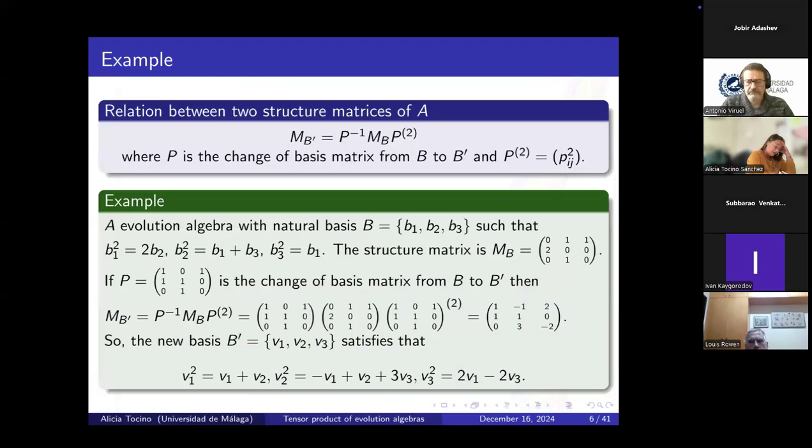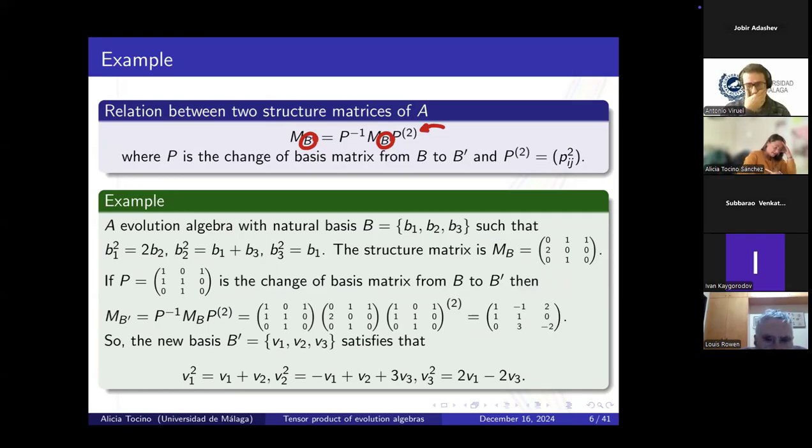And there is a relation between the matrix associated to an evolution algebra with respect to the basis B and with respect to the basis B prime, both of them natural bases. The relation is this one, where this square here is the Hadamard product, so we have to square each of the elements.